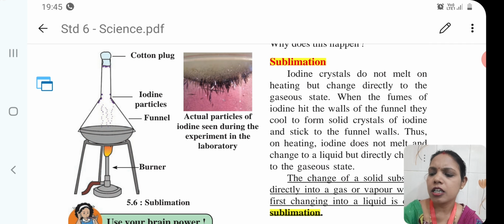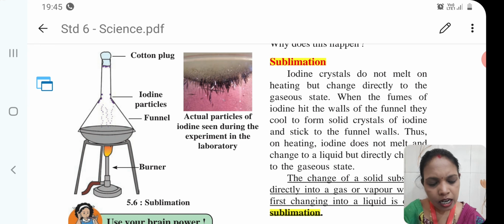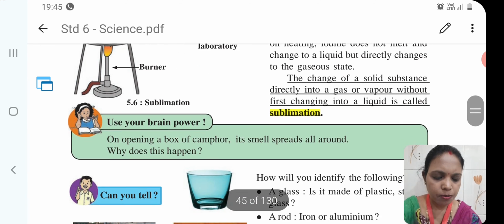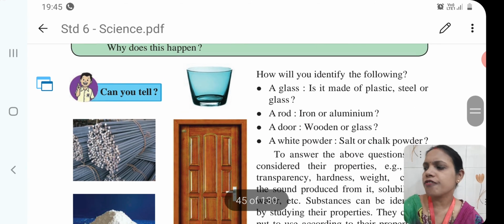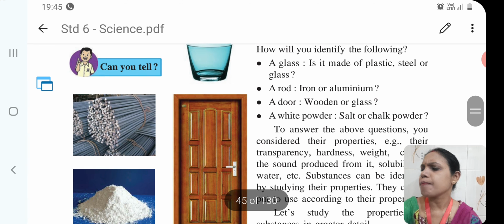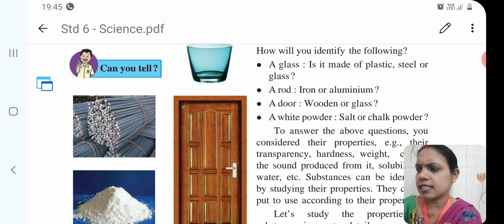So here, children, next we are going to see how the following substances are useful after changing the physical state. For example, we are going to identify a glass.